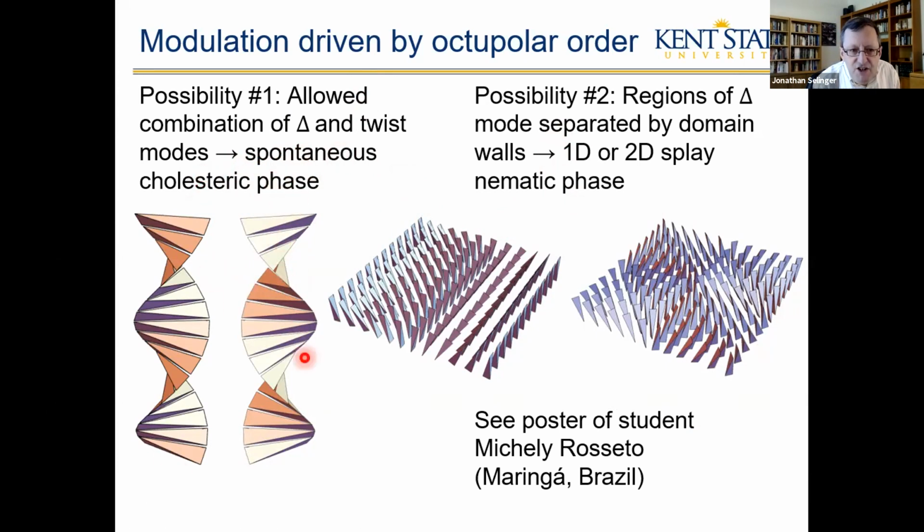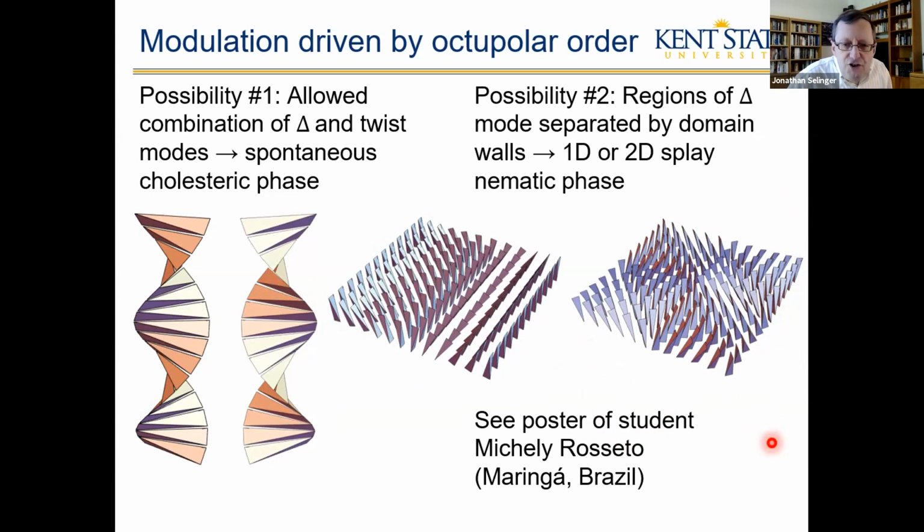So to make a spontaneous cholesteric phase, which could be either right-handed or left-handed, as in these images, or alternatively, it could make regions of the delta mode separated by domain walls. So that would look just like a 1D or 2D splay nematic phase. Okay, so this one-dimensional modulation or this 2D checkerboard-like modulation. And this is what's discussed in the poster here of my Brazilian student, Michele Rosetta.